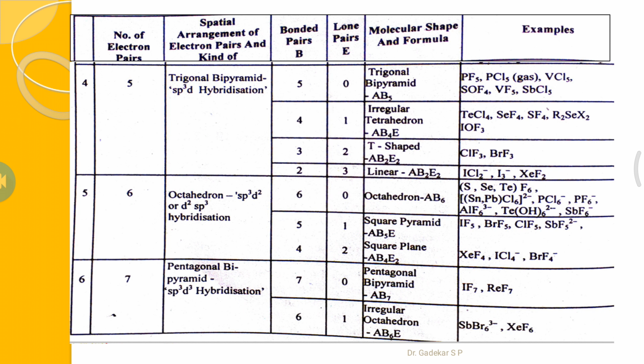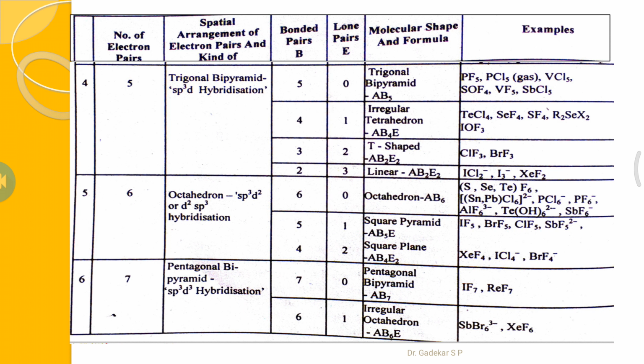Next example, 7 electron pairs. This is the special case. Here 7 electron pairs have a pentagonal bipyramidal arrangement. And what is the hybridization? sp3d3 hybridization.